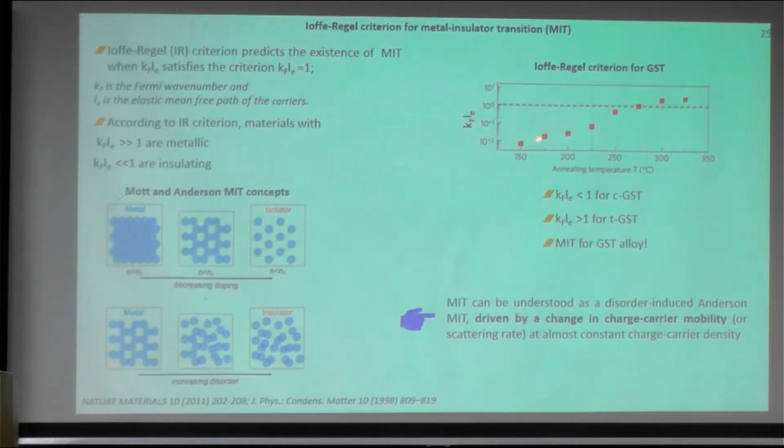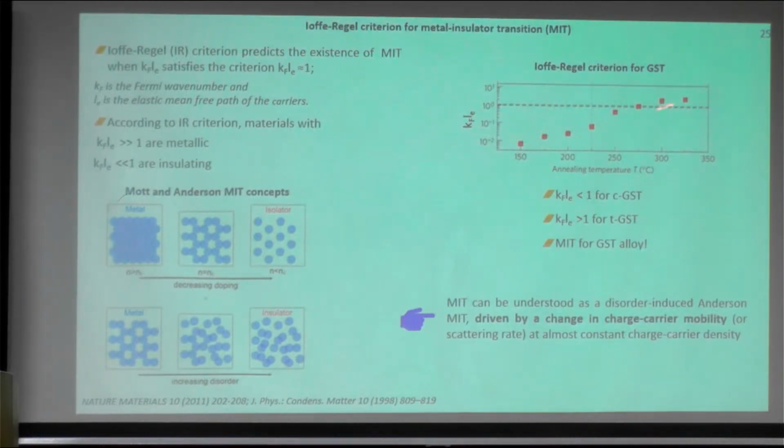So in such materials it shows insulating behavior, and then it is transformed to the metallic. In this phase change material system, this MIT can be understood based on the disorder-induced Anderson metal-insulator transition, which changes first by decreasing of disorder.